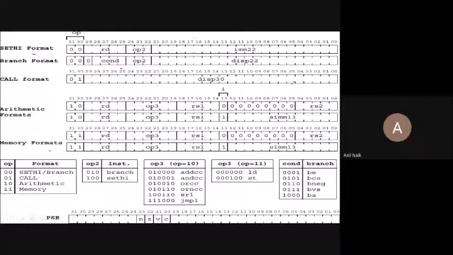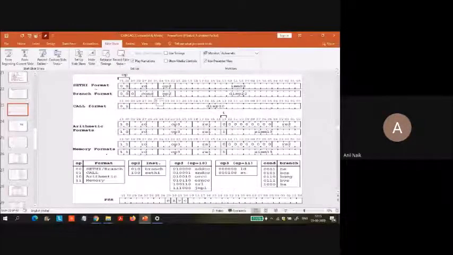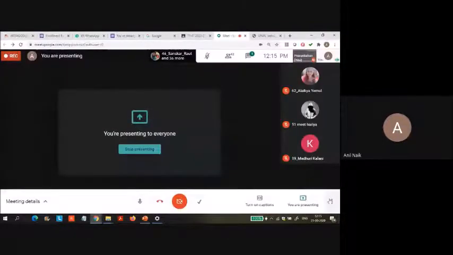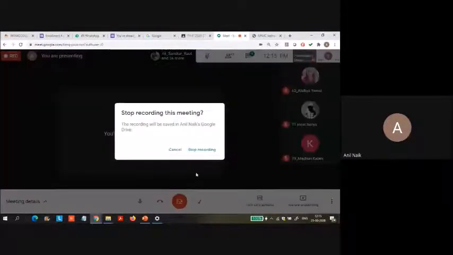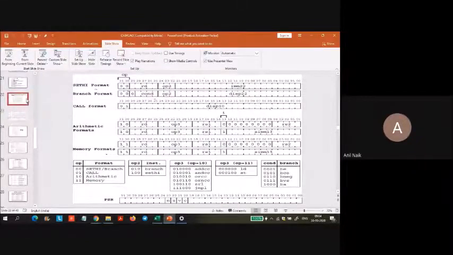Set high and branch format share the same OP, so then there is the OP2 code: 100 is set high, and 010 is a branch related instruction. In this way we have to differentiate. This complete table, the ARC instruction format, will get you an 8 marks question.